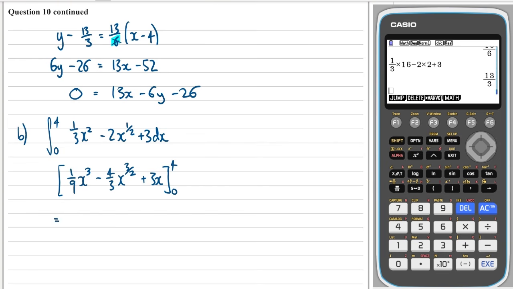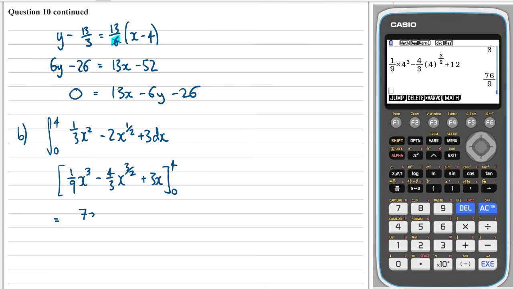Okay, and I can then sub in 4. So I will get 1/9 times 4 to the power 3, minus 4/3 times 4 to the power of 3/2, and then plus 4 times 3 is 12.